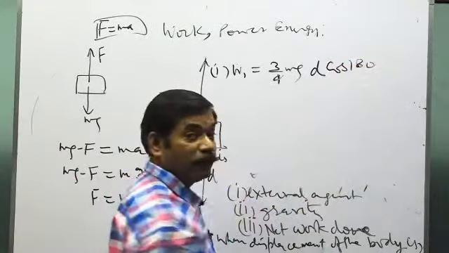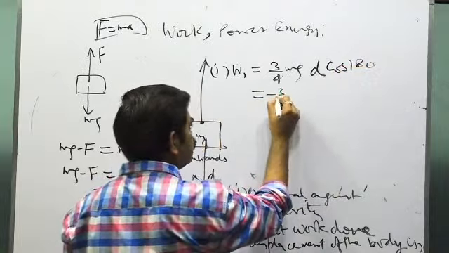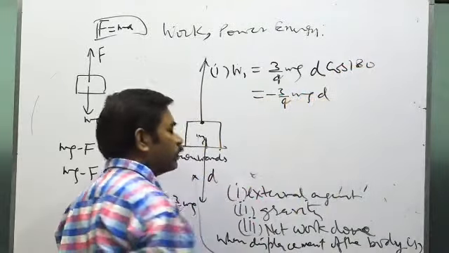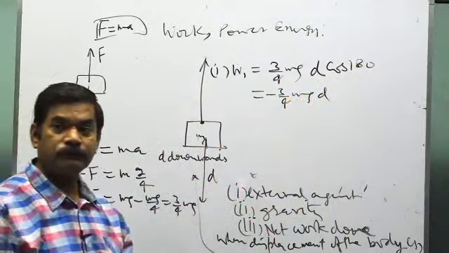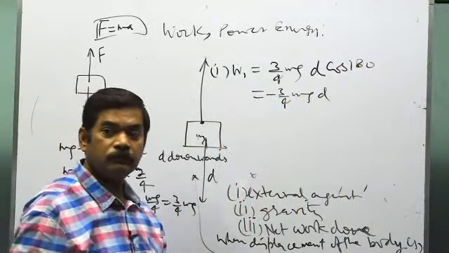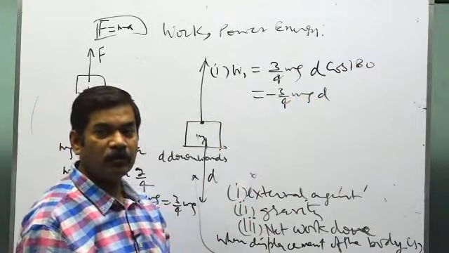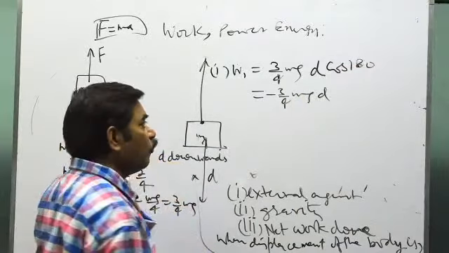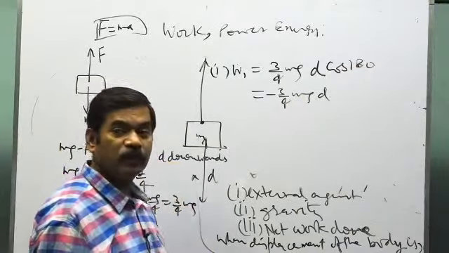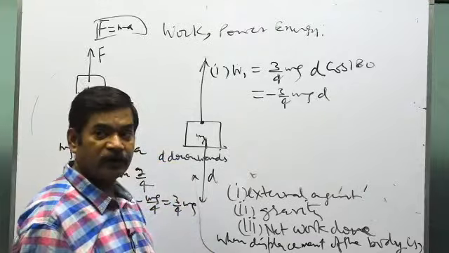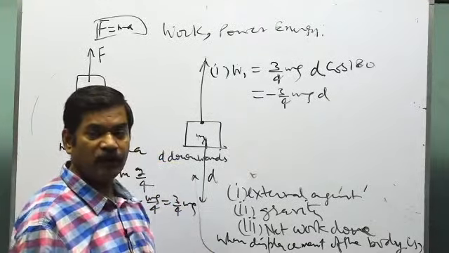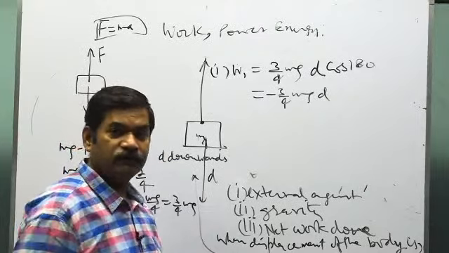Cos of 180 is minus 1. So it becomes minus 3 by 4 mgd. This is the work done by the force. Work done W1 becomes equal to minus 3 by 4 mgd. Is that clear?